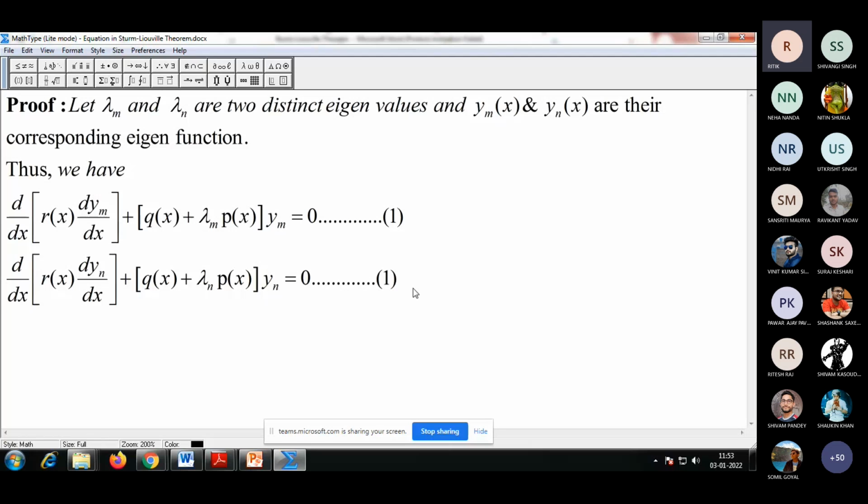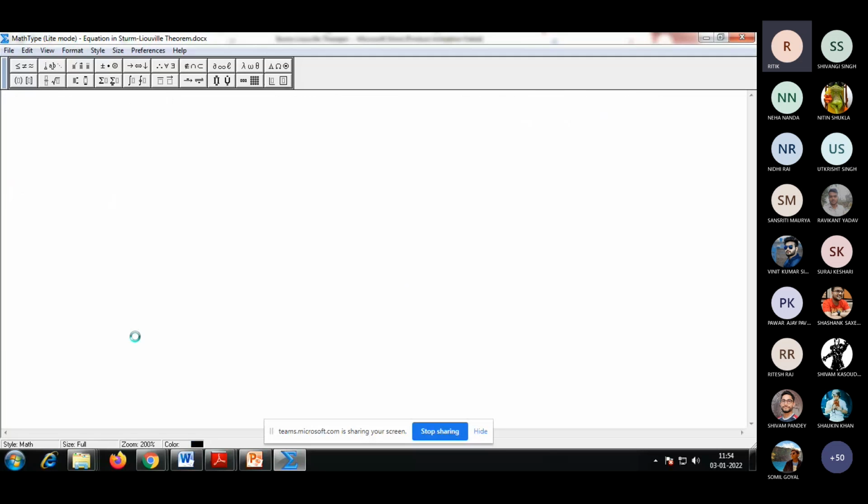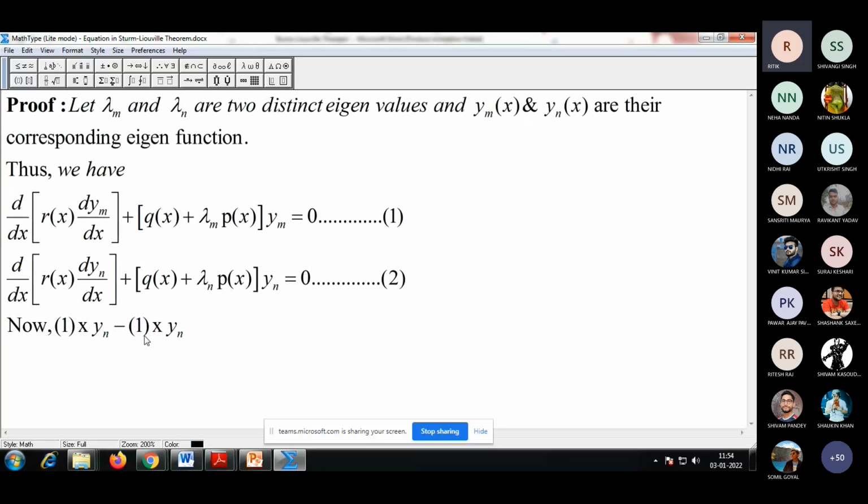Now you know what we should do. We need yn here. So equation 1 multiplied by yn(x), then minus equation 2 multiplied by ym(x).